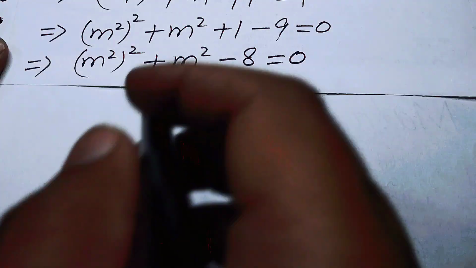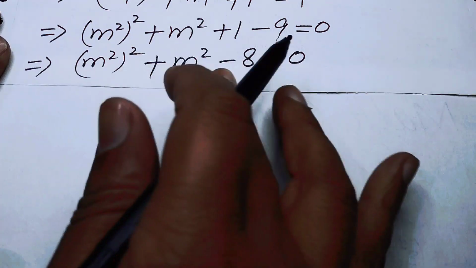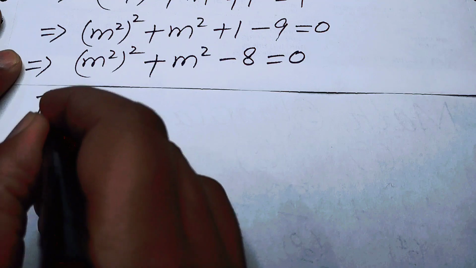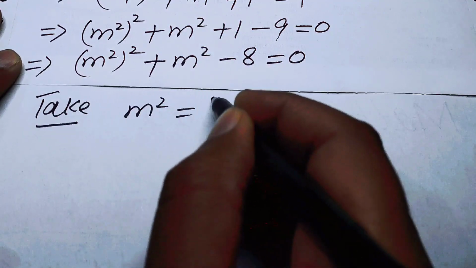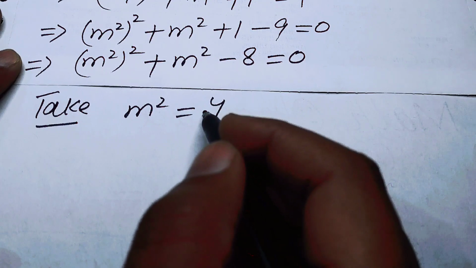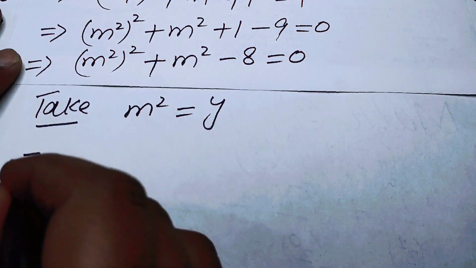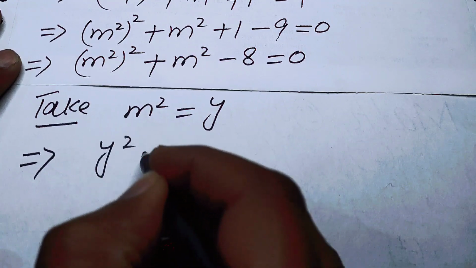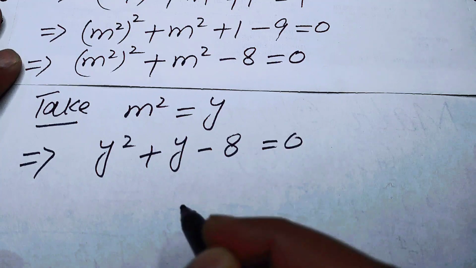Now we can change this expression into a simplified form by taking m square equal to y, and when we substitute, it becomes y square plus y minus 8 is equal to 0.